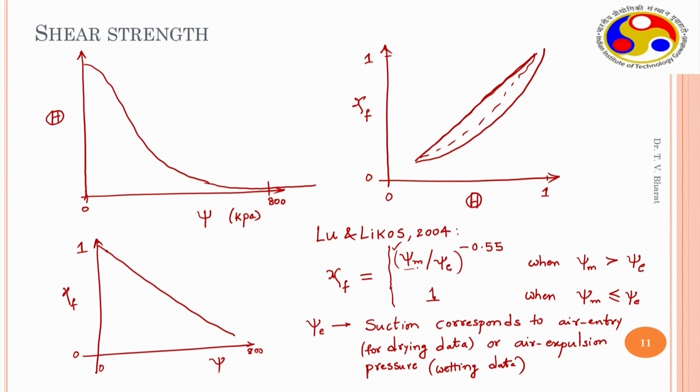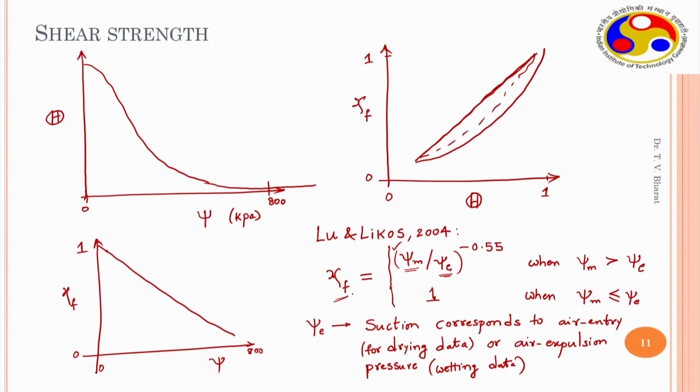The corresponding matric suction will be substituted, and this is the bubbling pressure in the case of drying soil, and this is the air expulsion pressure for the wetting soil. When you substitute, power minus 0.55 should give you xi(f). This is an empirical relationship based on several observed measurements from suction control tests.